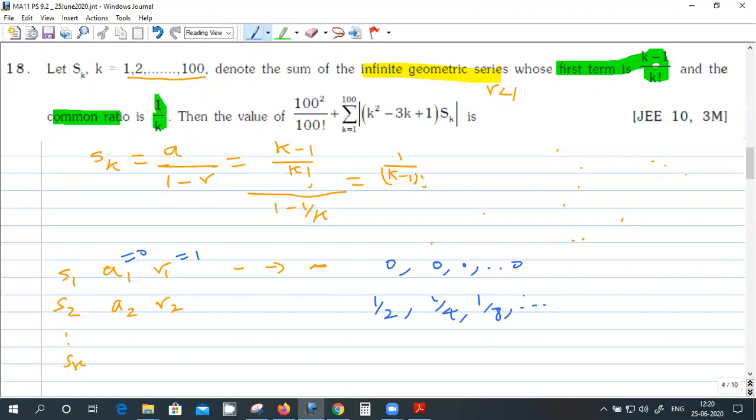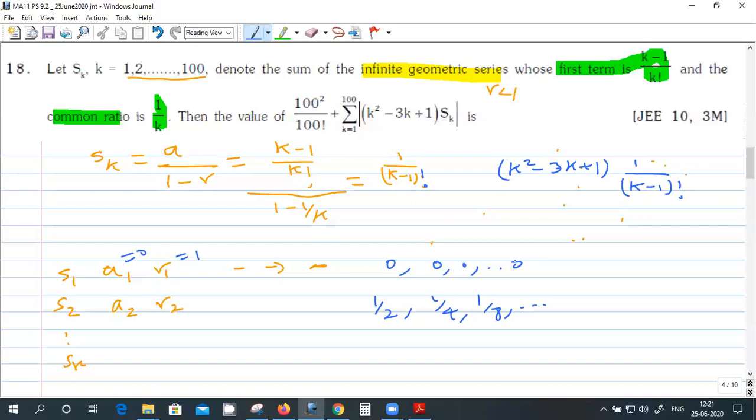So now we have to do the summation of (k square minus 3k plus 3) into S_k. So S_k, the general expression is this one. If you put this thing here, it will become (k square minus 3k plus 1) into 1 by (k minus 1) factorial, and you have to sum it for k equal to 1 to 100.